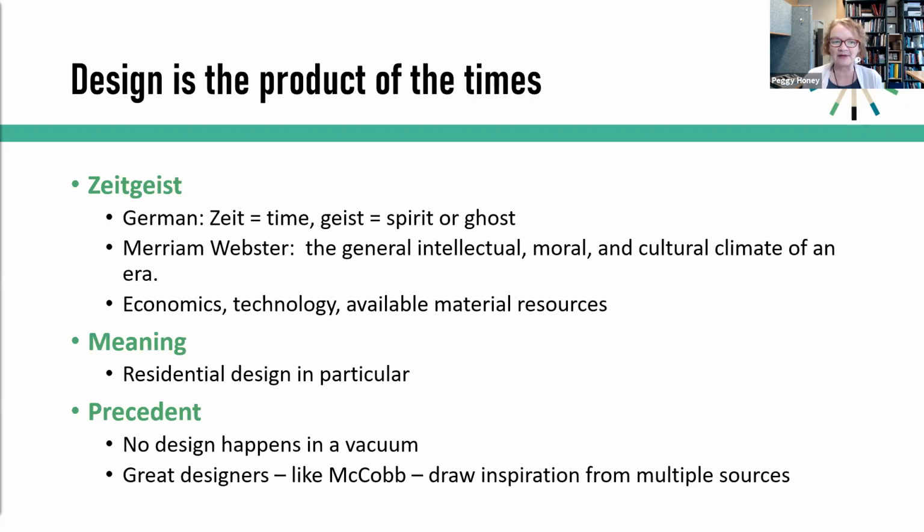The next one I want to talk about is this idea of meaning. Meaning is a really interesting idiosyncratic thing because we all hold meaning in a different way. We choose things because they have meaning to us. The houses, the furniture, the art, we choose things that are meaningful to us. Sometimes those meanings can be pretty shallow, like I like the style or I like the trend.